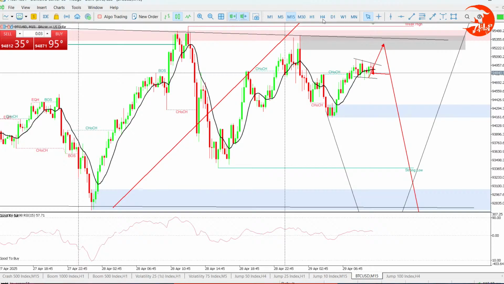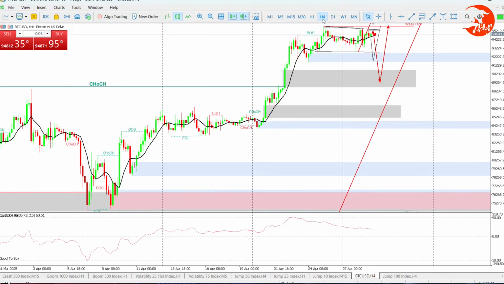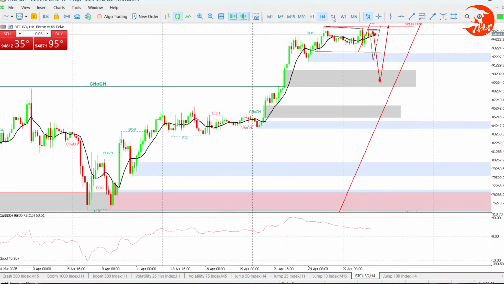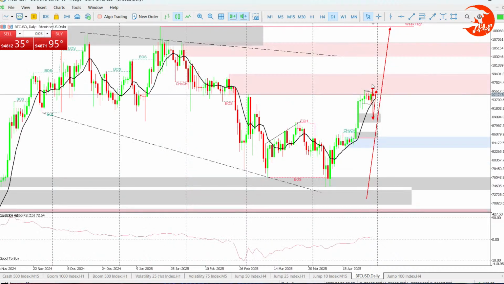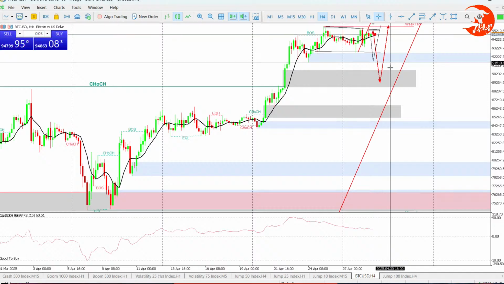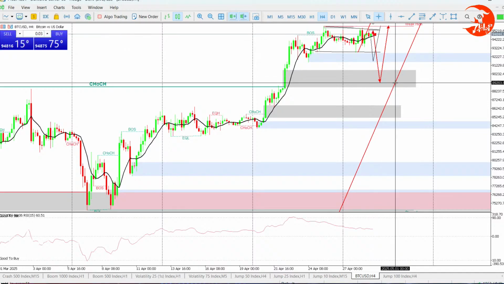So remember, like I said, on H1, H4 and daily time frame, we are still looking for buys, but we have come to that order block, which is a resistance level. So we are sort of looking for now a retracement to grab some liquidity that was left back, and this is the most ideal point of interest that we are likely to see the retracement come back to, and that will be around 89k.